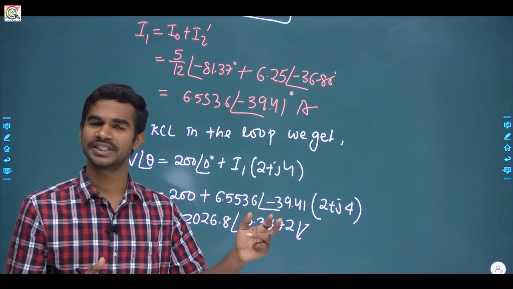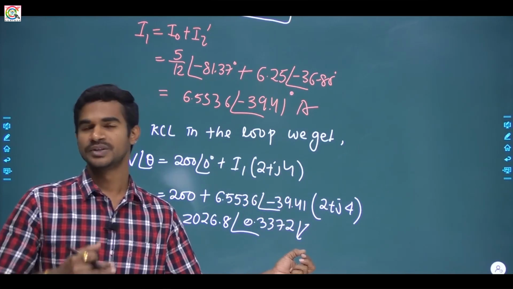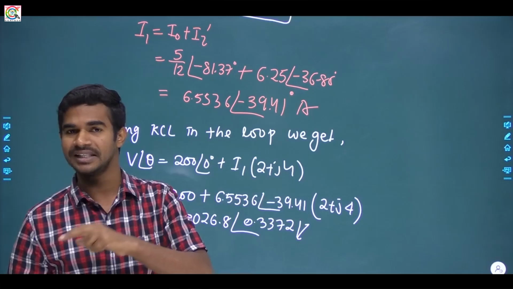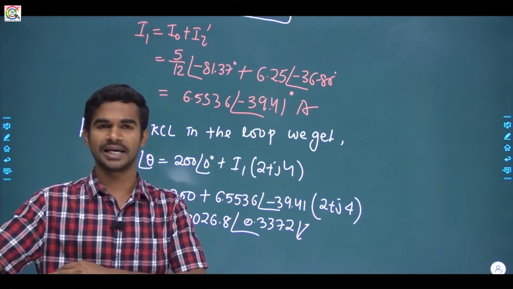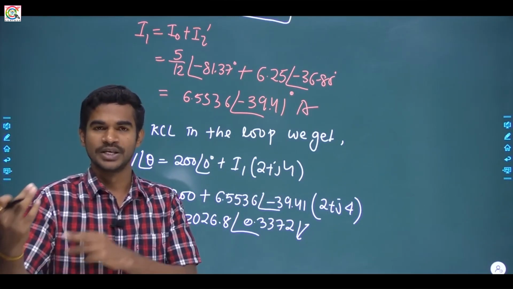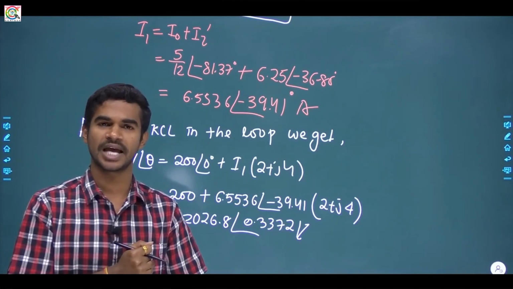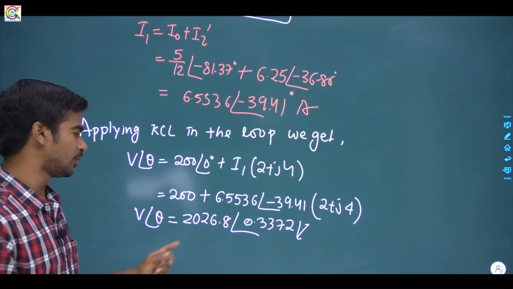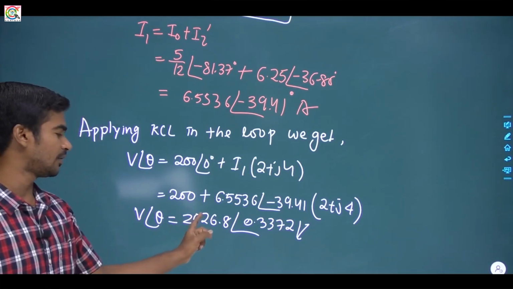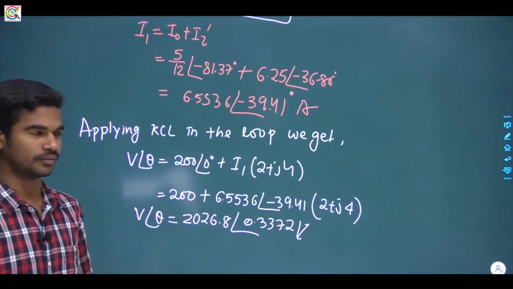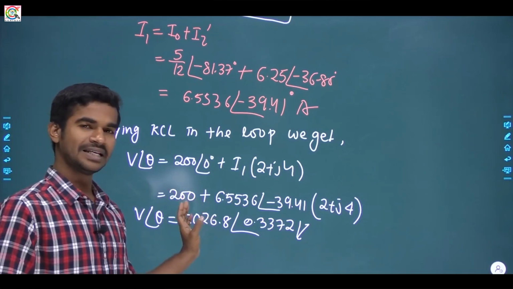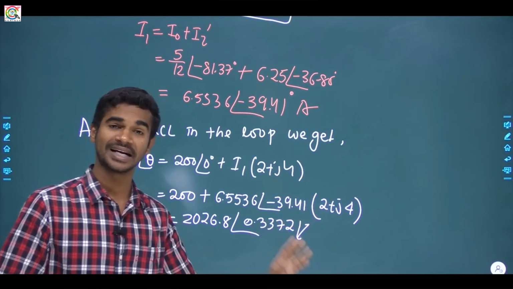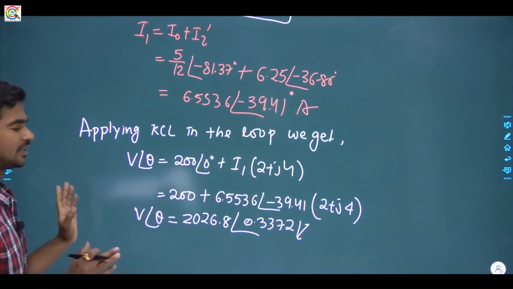What is the rated voltage of the load? 200 volt. So I have to apply the primary side voltage higher than the rated one. The rated voltage in the primary side is 2000 volt, but I have to excite the primary side at 2026.8 volt. Then only I can operate the load at 200 volt. Are you getting my point?